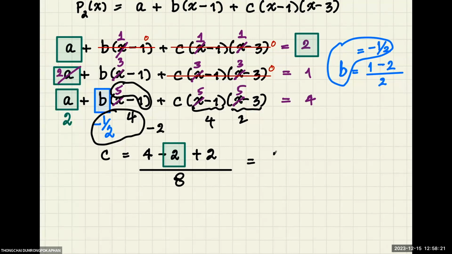You get 4 over 8, which is 1 over 2. So you get a equal to 2, b equal to minus 1 over 2, and c equal to 1 over 2.